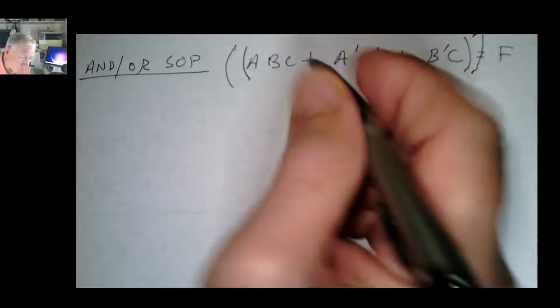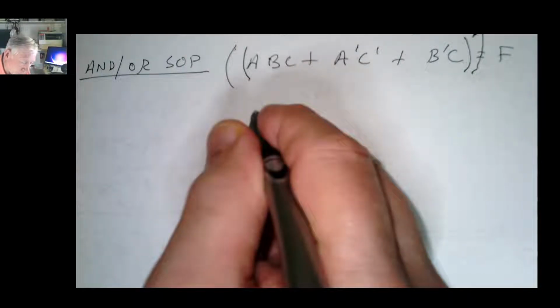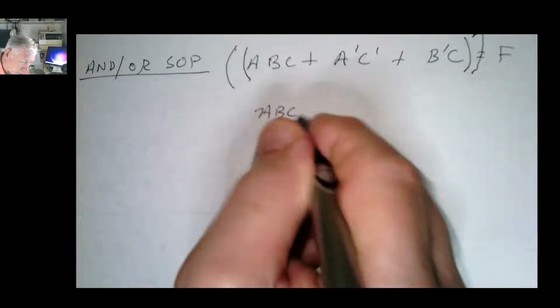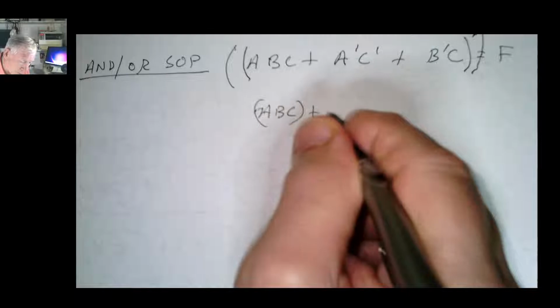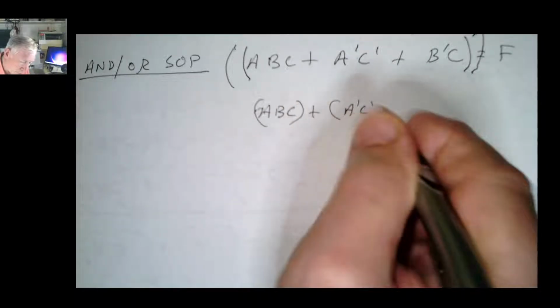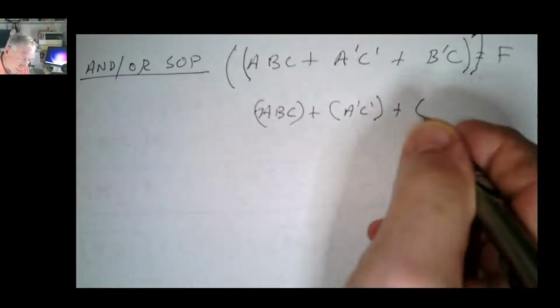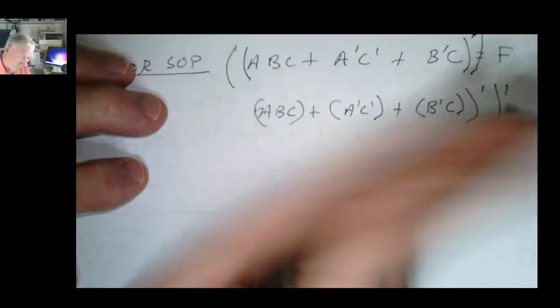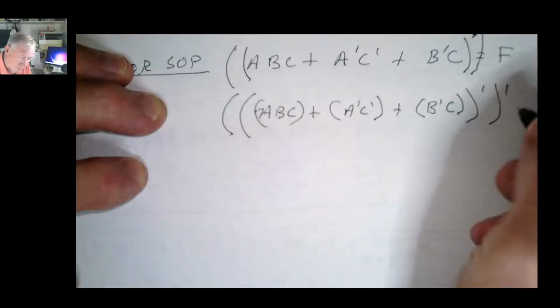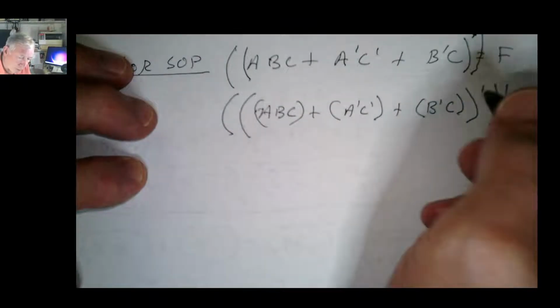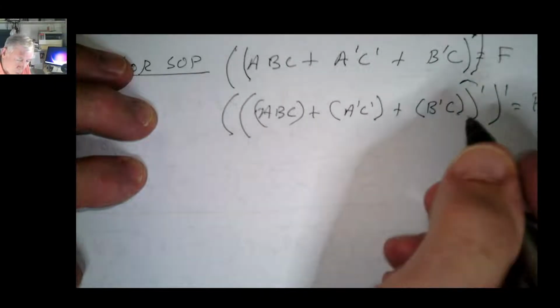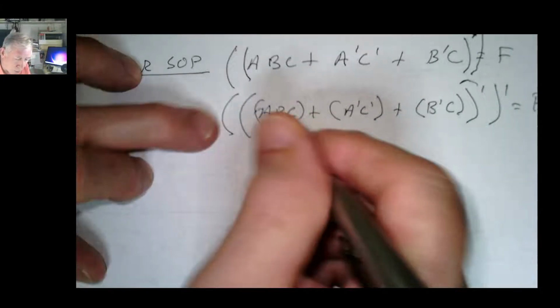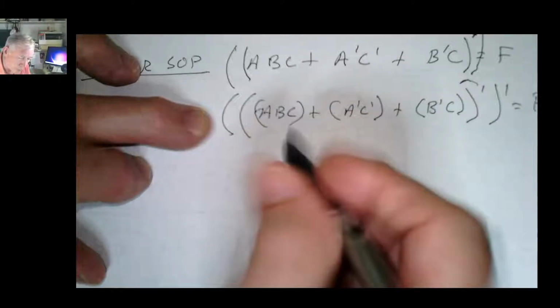Now we'll take this inner inversion, and we're just going to move it in here. Before we do that, though, we'll rewrite it. So we'll rewrite ABC in parentheses, plus A prime C prime in parentheses, plus B prime C in parentheses. And then we'll do our double inversion. Equals F. Now we'll apply this in here. So, rather than breaking it into all these AND gates, we'll make these into NAND gates.